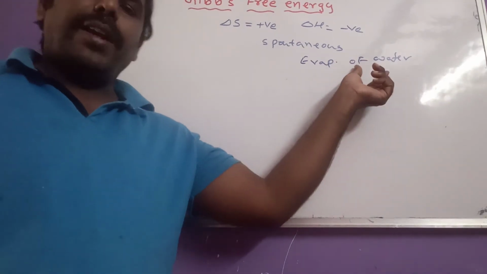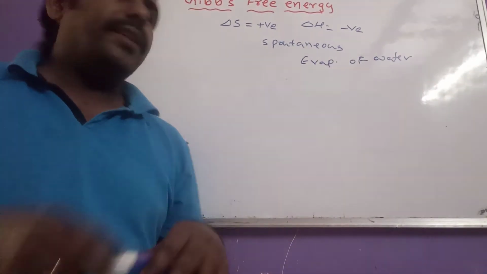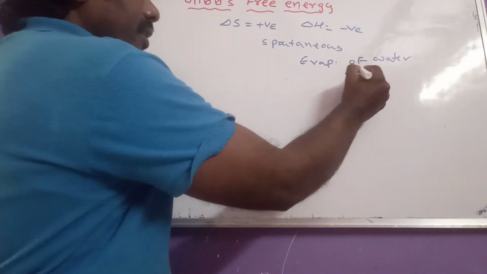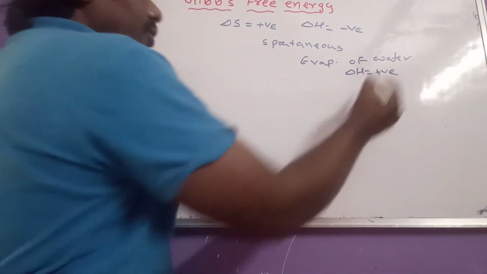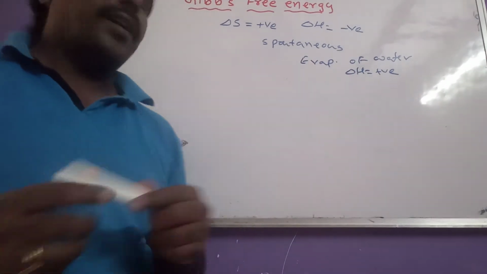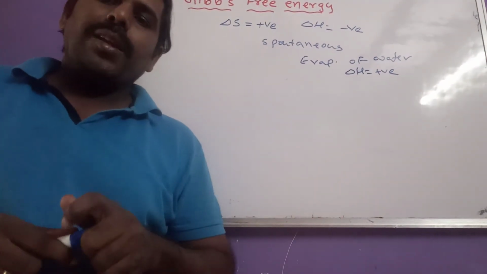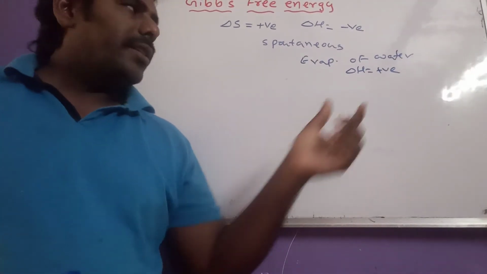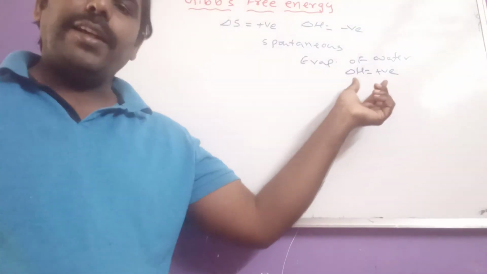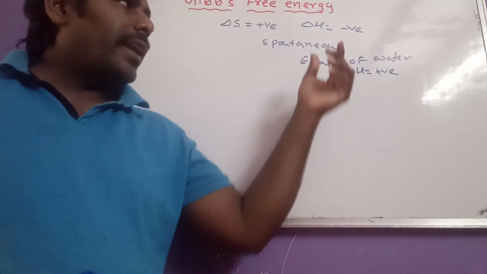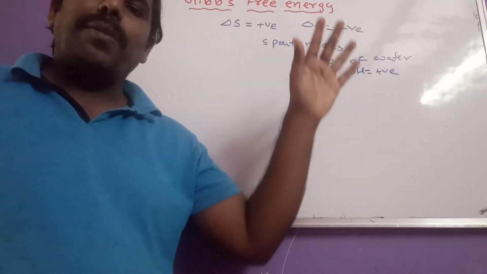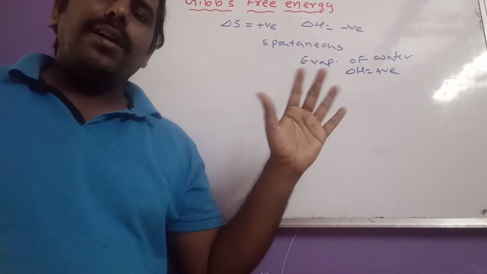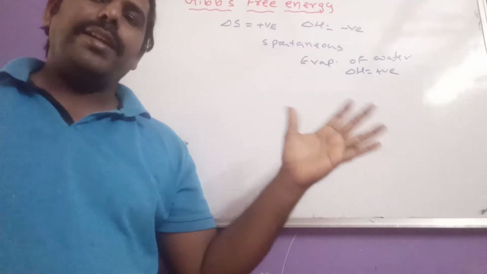But for evaporation of water, delta H is not negative, delta H is positive. So even with delta H positive, this reaction is taking place spontaneously. So what is this process indicating here? Delta H negative for spontaneity is not a sole criterion or a necessary condition.